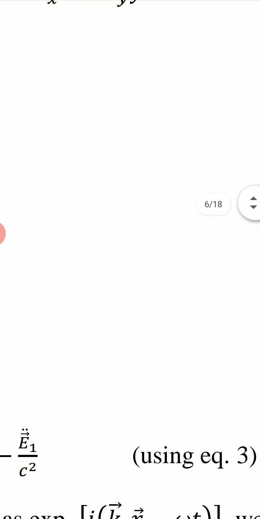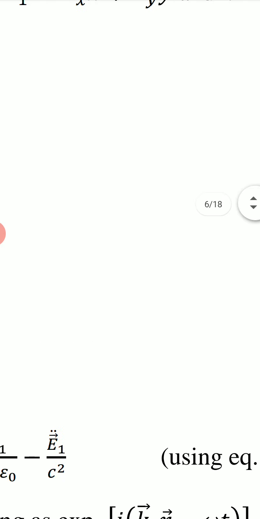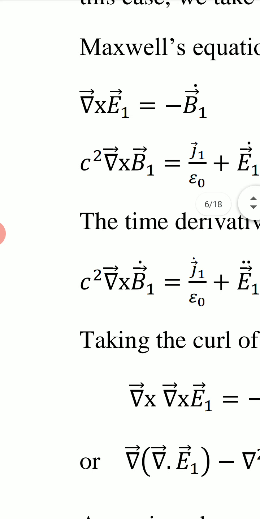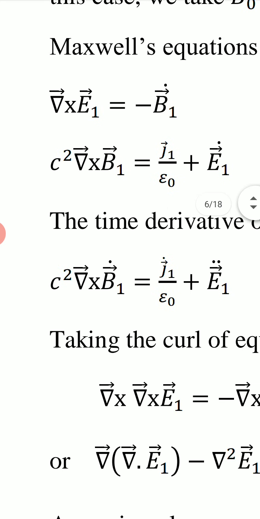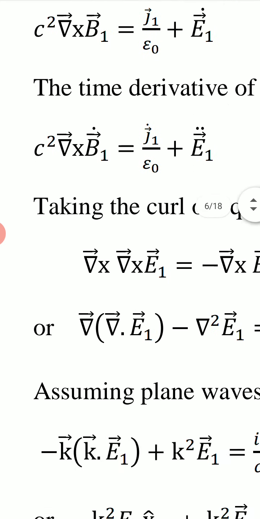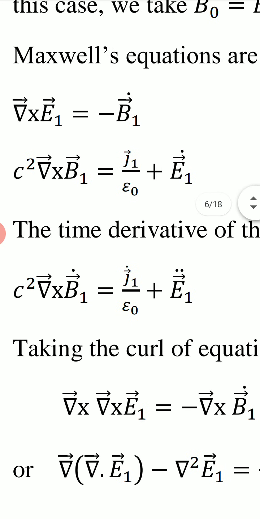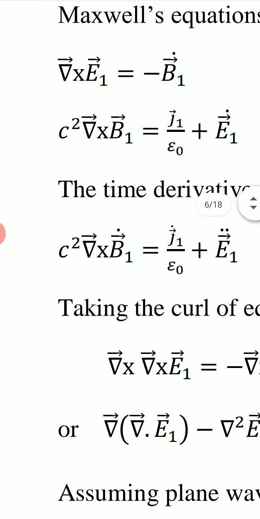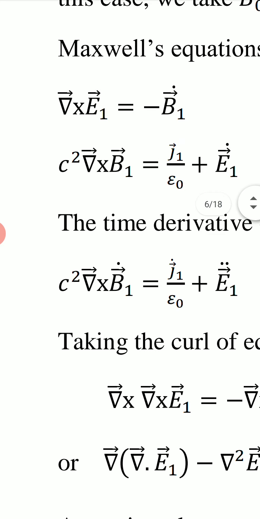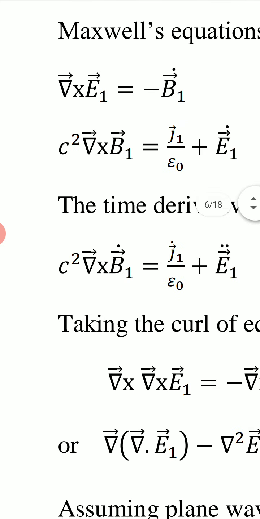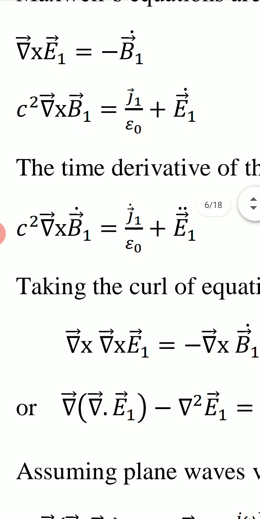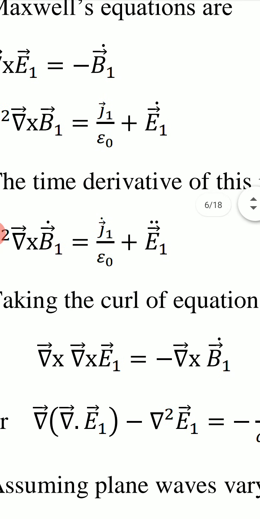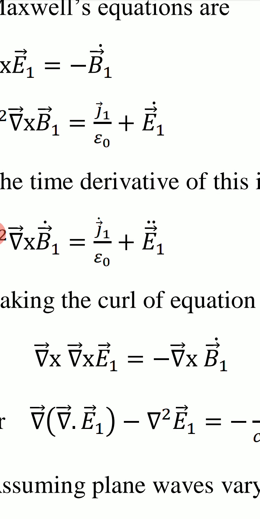Now taking the curl of equation 1, del cross E1 equal to minus B1 dot. Curl means del cross, so we put del cross before both the left hand side and right hand side of equation 1. We have del cross del cross E1 equal to minus del cross B1 dot.